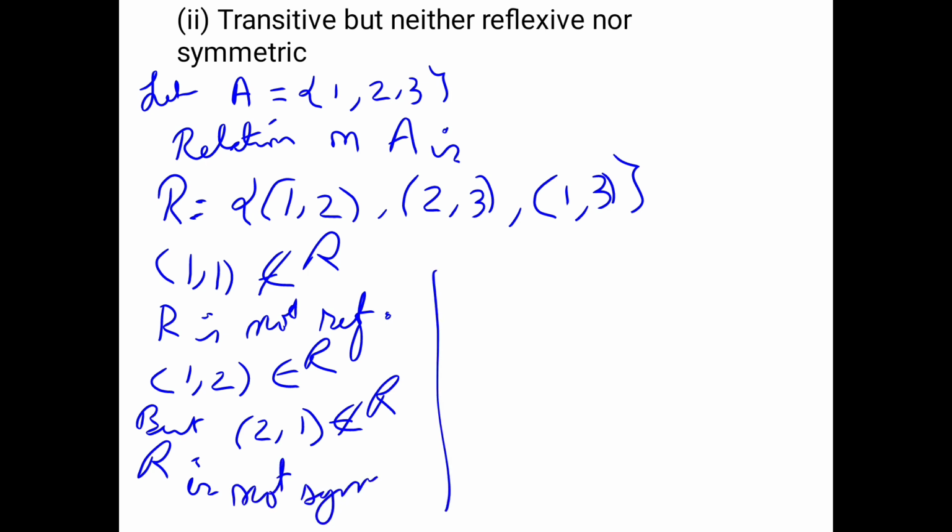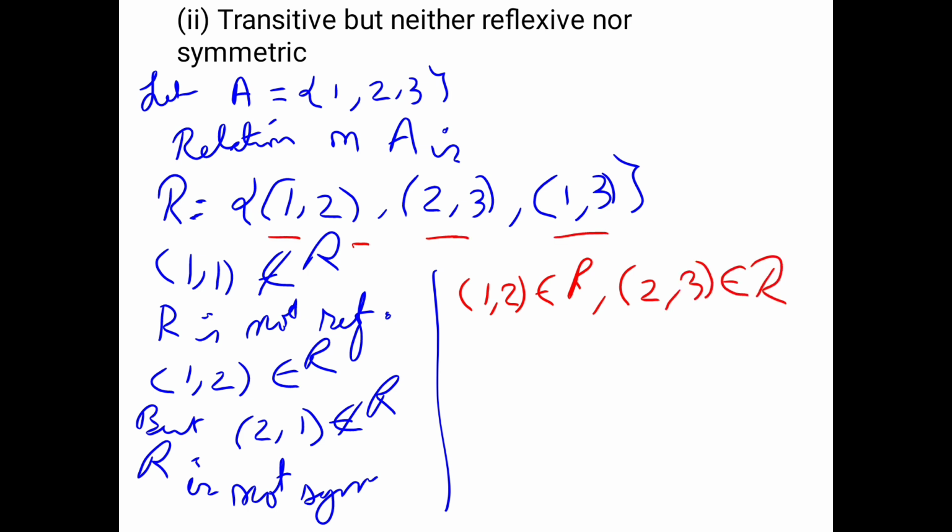Now transitive. Condition: first element related to second element, and second element related to third element. The first element is also related to the third element, so R is transitive.